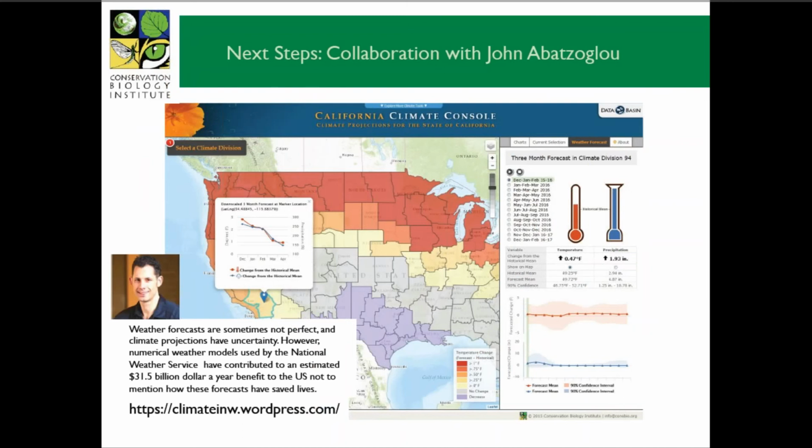It's a real challenge to show it and explain it in a way that makes sense. And so we contacted John Abatzoglou at University of Idaho, who actually downscaled NOAA's short-term forecast to 4 kilometers and on a daily basis. And we said, well, can we actually do map services with your data sets? And yes, we can. And so now we're working with him to put some wording on the website to make sure that people who use this know that there's a lot of uncertainty around it.